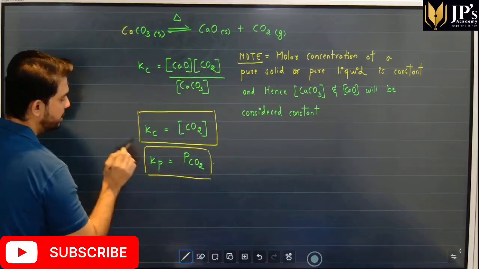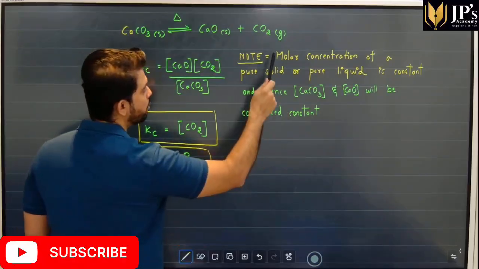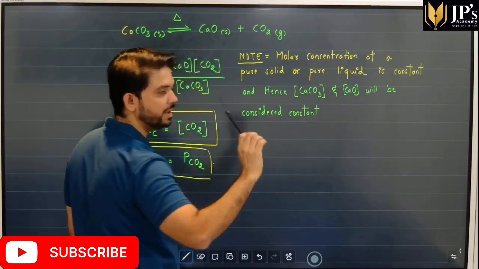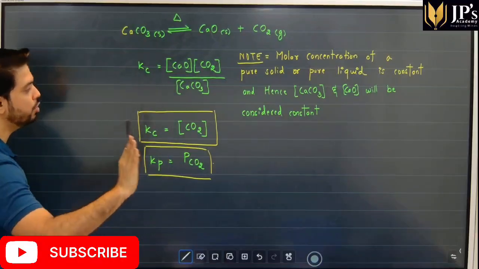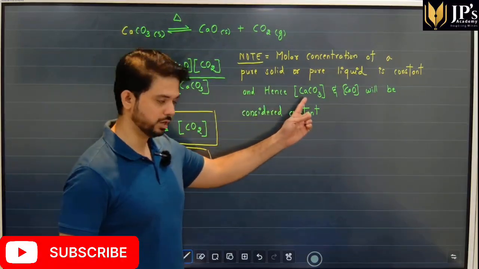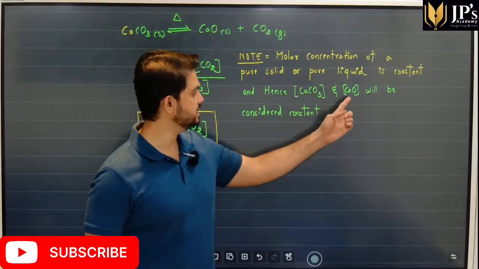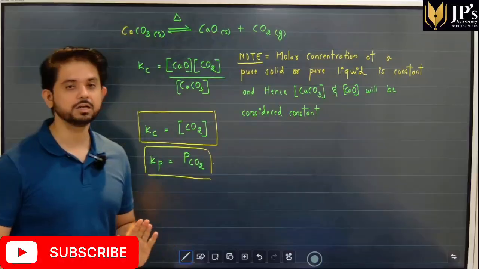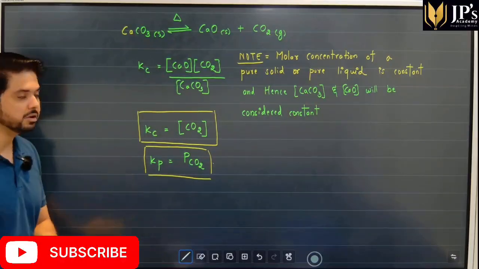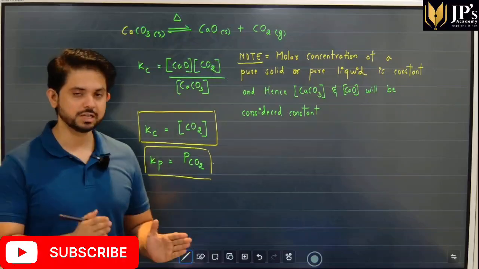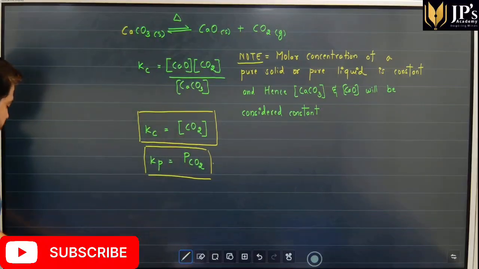What we need to really remember here, students, is that the molar concentration of a pure solid or a pure liquid remains constant and is not part of the equilibrium expression. Hence the molar concentrations of CaCO3 and CaO are not considered in the equation. So whenever we are writing an equilibrium expression, please note that solids and liquids will not be part of the expression.